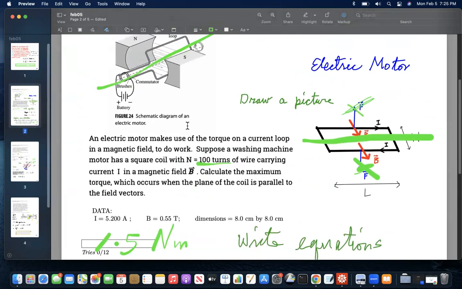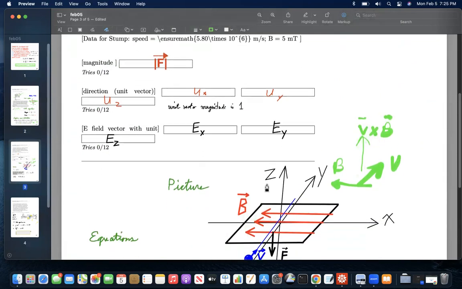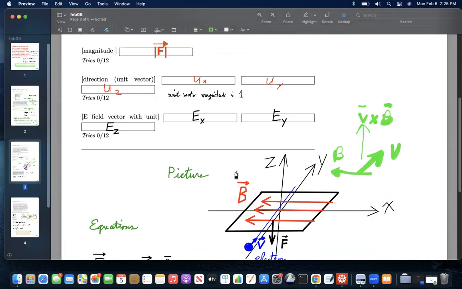Now, what am I supposed to calculate here? First of all, what's the direction? Well, I can see the direction is in the negative Z direction. So it has an X component, which is 0. It has a Y component, which is 0. It has a Z component, which is negative 1. That gives me the unit vector in the direction of the force. Namely, it's in the negative Z direction: 0, 0, minus 1.